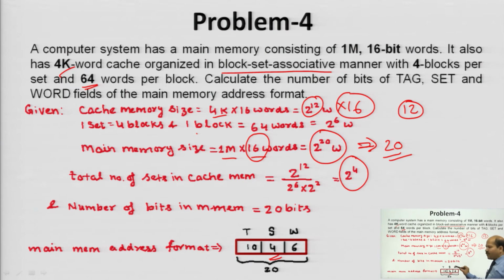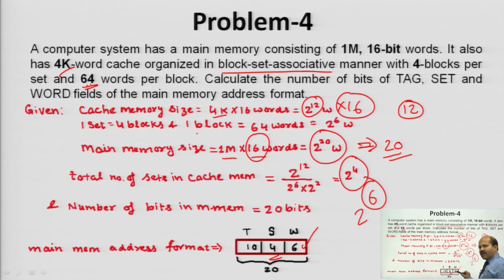So, for set 4 bits are required, and in each block there are 2 to the power 6 words. So, that is why it is given here as 64. So, 6 bits are assigned for word, because in each block we can store 2 to the power 6 words.